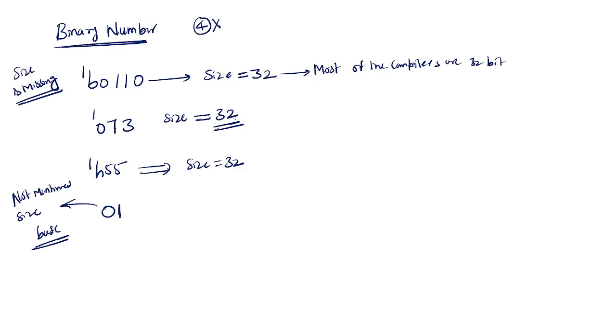What is the size and what is the base? 32 is the size. It will blindly allocate the size as 32 bit. What is the base?